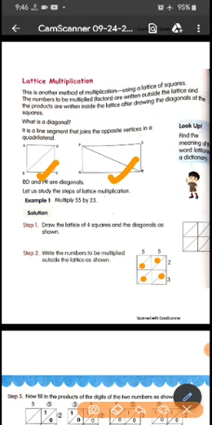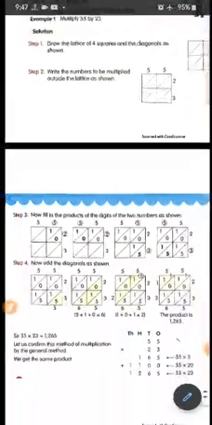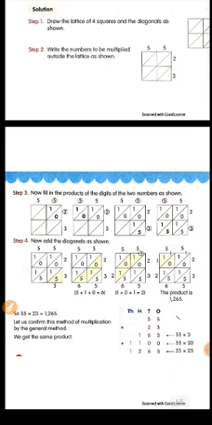In the same way, on the top of the squares, we have written the multiplicand, and on the right side we have written the multiplier. Now let's see what we are asked to do next. Now fill in the product of the two digit numbers as shown.